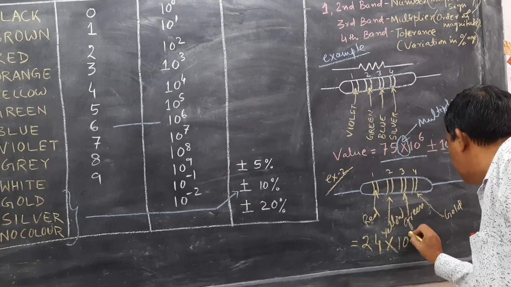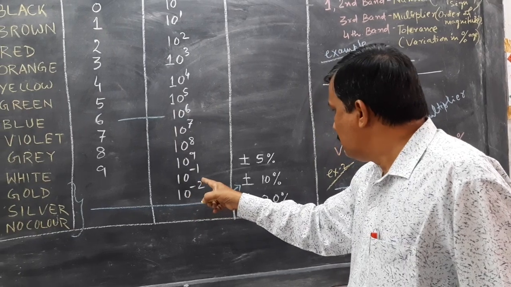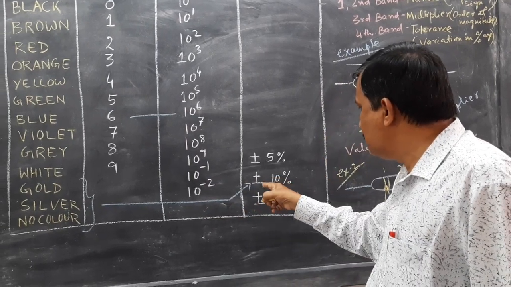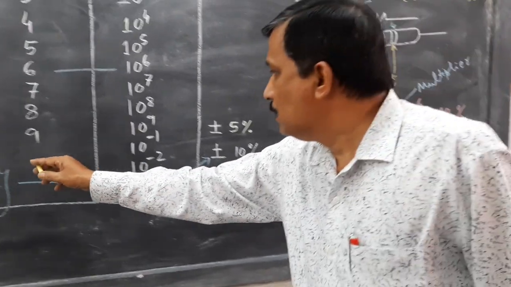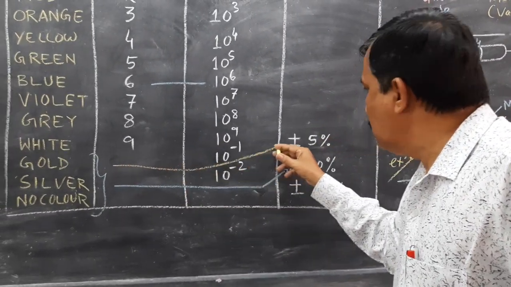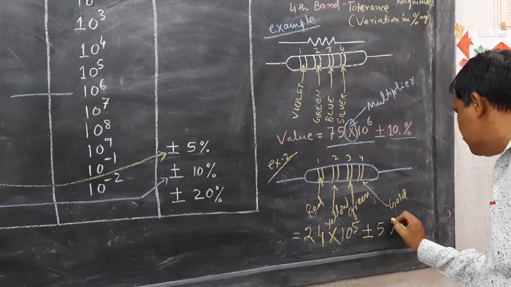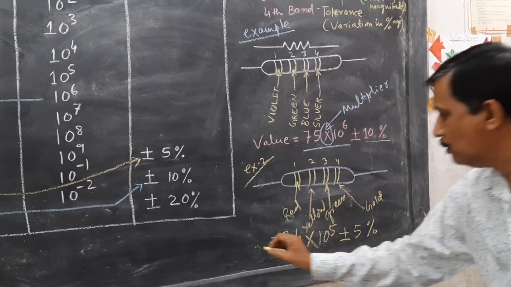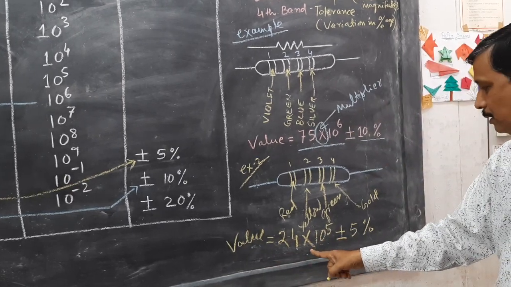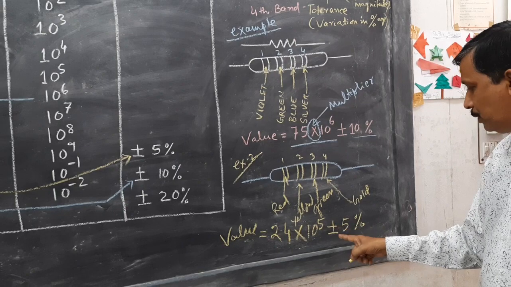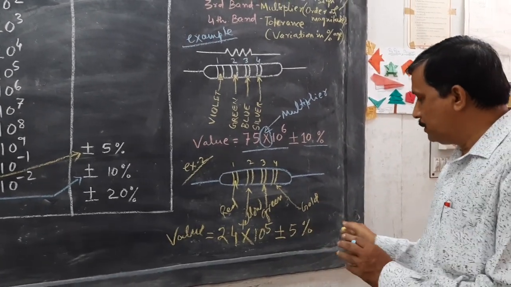Then gold: gold means plus minus 5%. So the value of this resistor is 24 into 10 to the power 5 plus minus 5%. So it can be 5% more or 5% less.